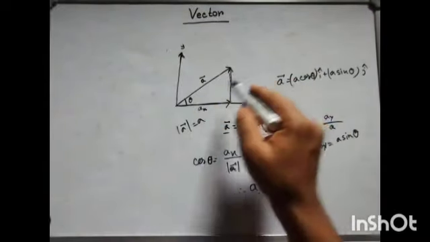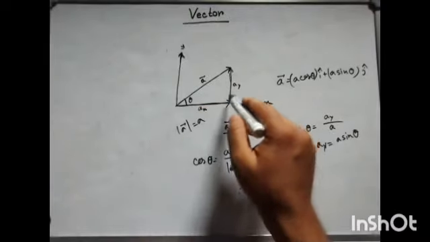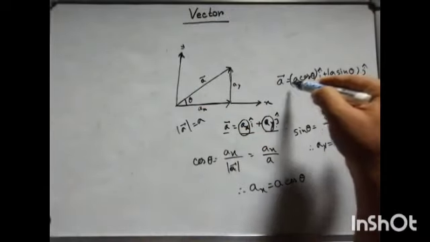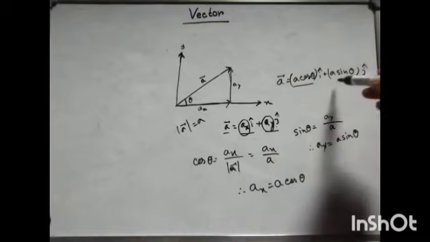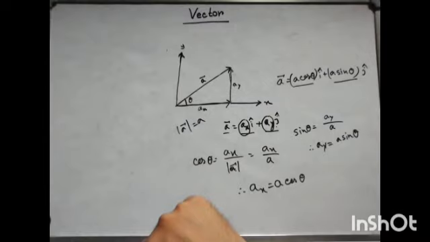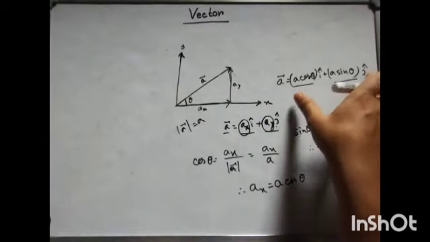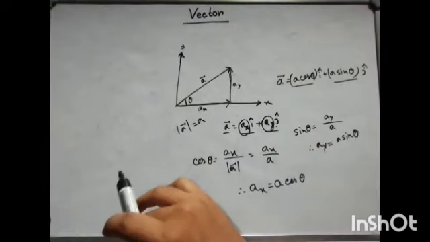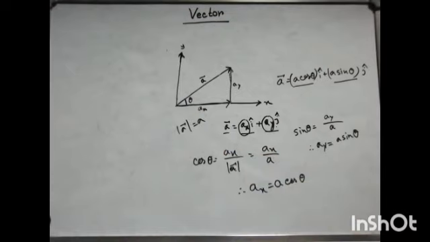It can be any vector. If it makes angle theta with x-axis, then that will be a cos theta I cap plus a sin theta j cap. Okay, so with this concept we can add many vectors. We'll see that.